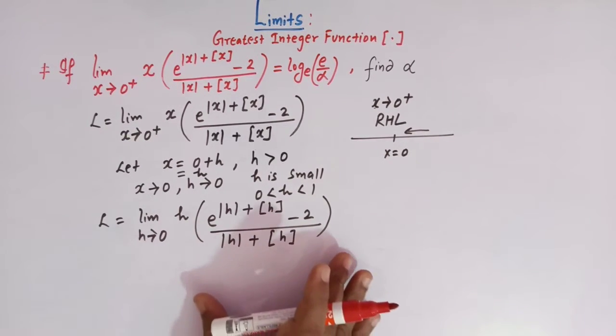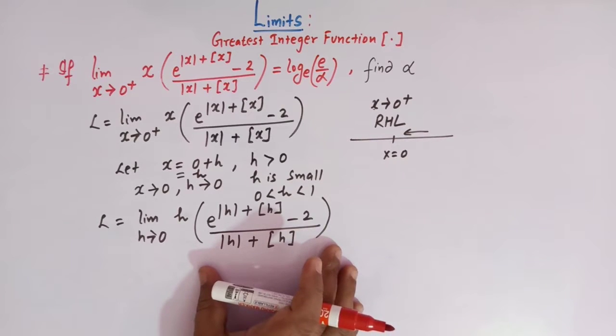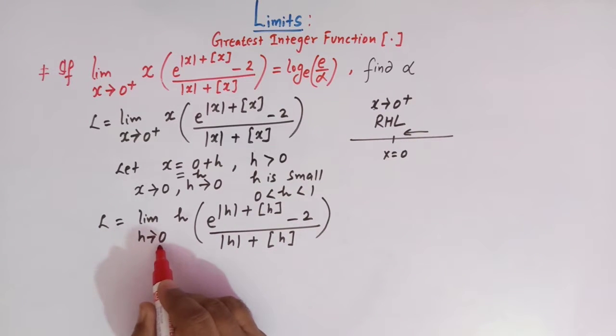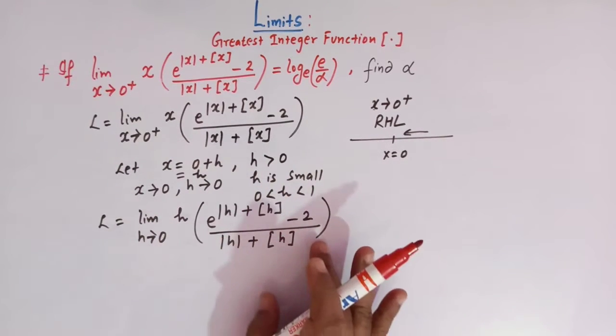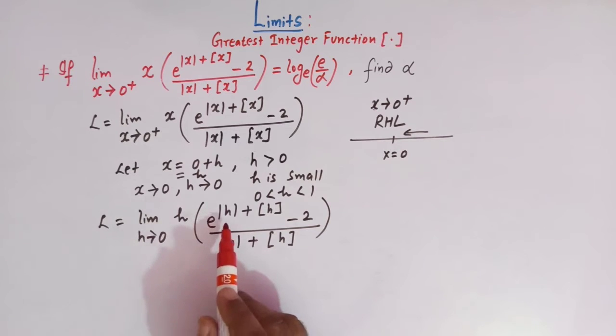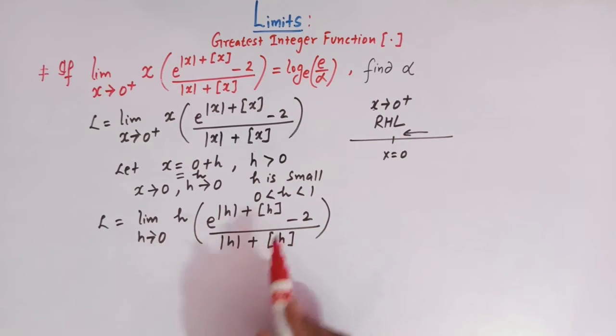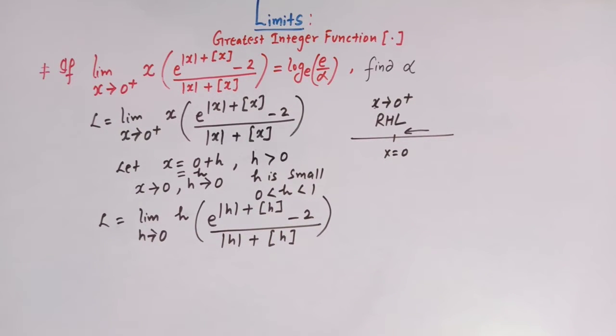Now we have an important point to discuss. h tends to 0, but we cannot directly substitute h is equal to 0 in this expression. So we'll take care of the mod function and the greatest integer function. We'll try to assign values to the greatest integer of h and the absolute value of h.